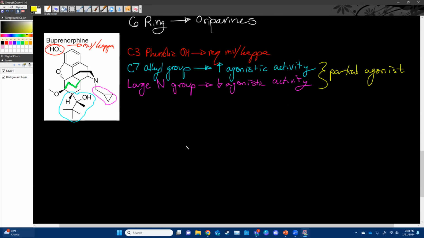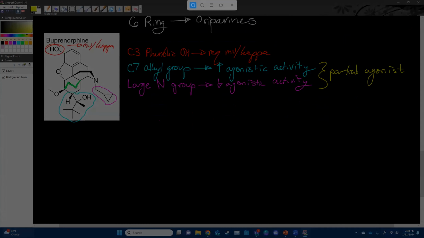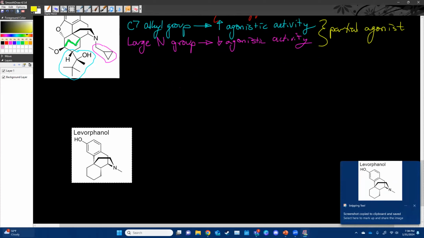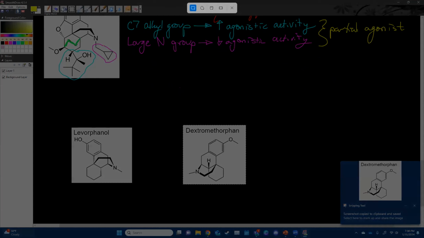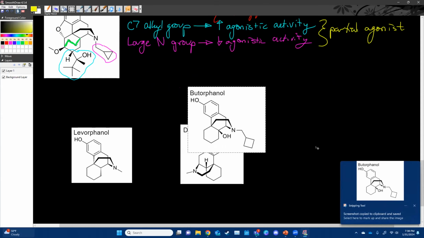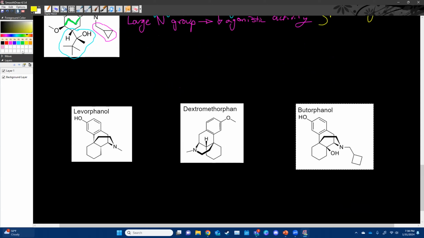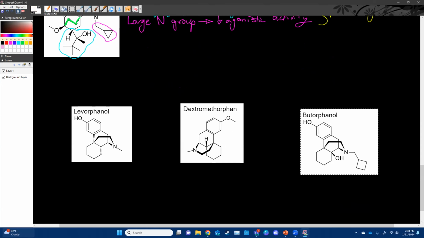Our next group is our 4-ring opioids, and again, really at this point, we are just seeing the same trends over and over again. They are the morphinans, not to be confused with the morphinians.